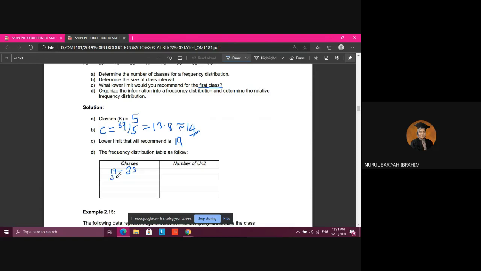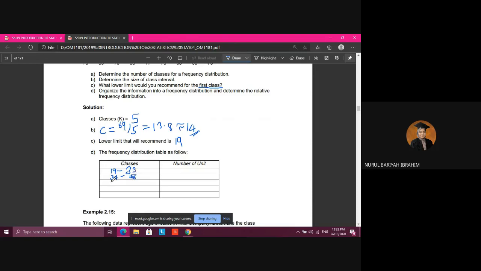We don't want overlap. There are also some types of frequency distribution that overlap. Later I will give an example. So 34 until what? Add another 14. 34 plus 14, it will be 48.